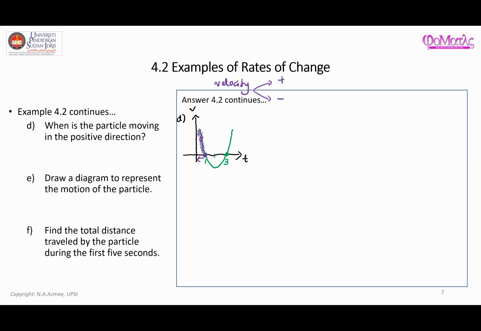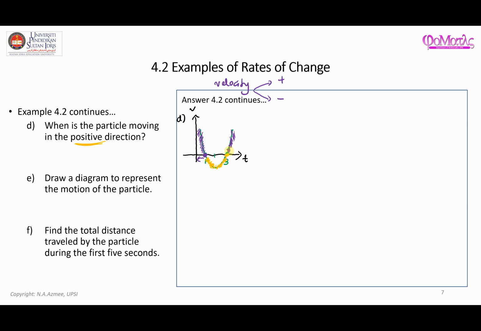Okay, next, if you look at this part here, the value of velocity is negative, which tells you that the particle is moving in a backward direction, and this is not our interest, because we are really interested in just the positive direction. And at this point here the particle stops, so it is not moving at all. Now on this part here, the value is positive, so we know that the particle is moving in the positive direction.